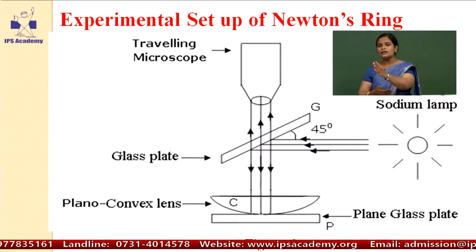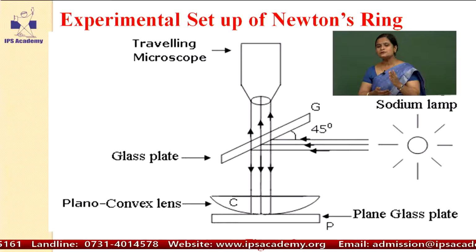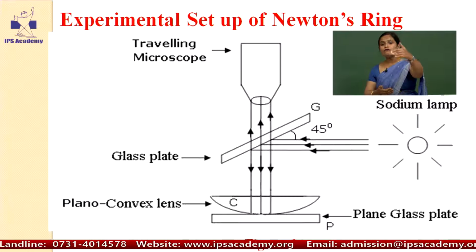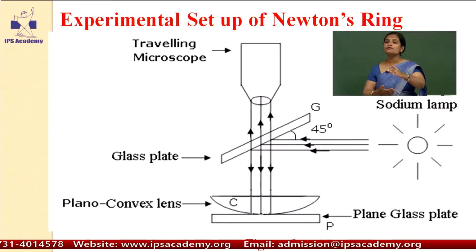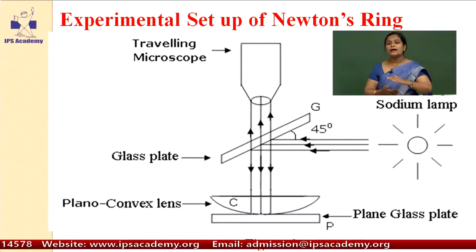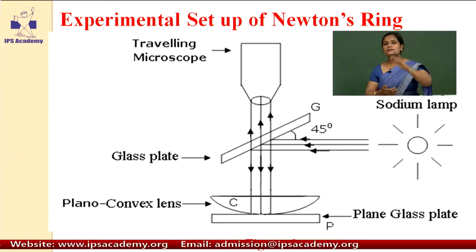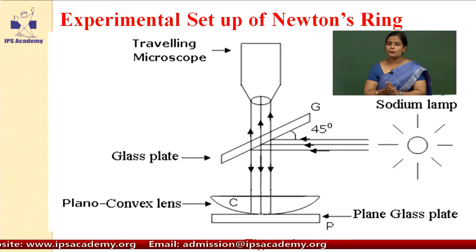So you can see the light is incident at the plane glass plate and then it will fall downward to the plane glass plate, and again there is a reflection from the plane glass plate P and light is moving towards the travelling microscope.